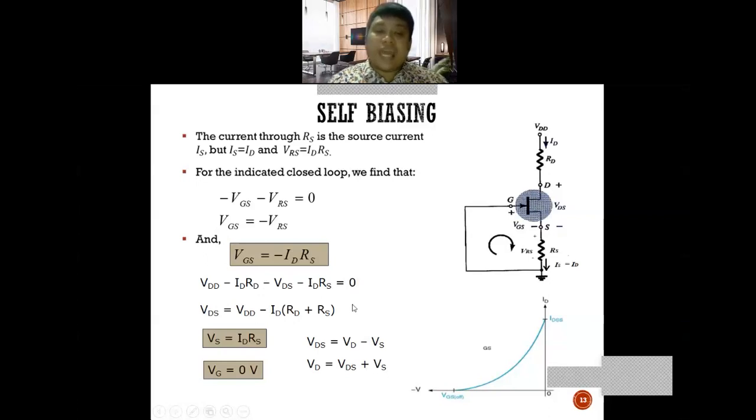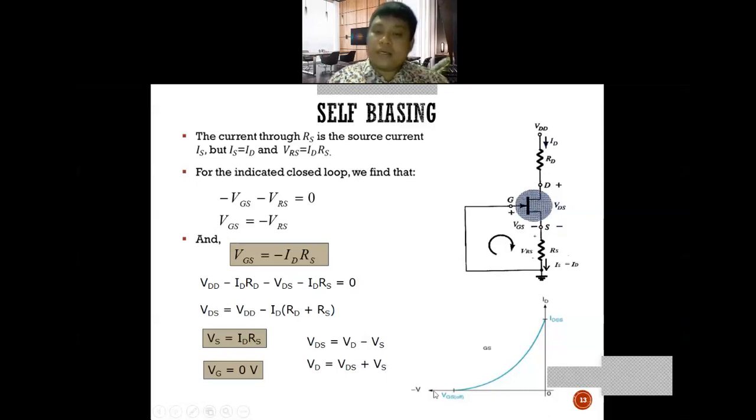So VDS equal to VDD minus ID times RD plus RS. VS we can find with IDRS. VG equal to 0 volt. Why is VG equal to 0 volt? Because the resistance is 0. So VDS equal to VD minus VS, and VD equal to VDS plus VS.